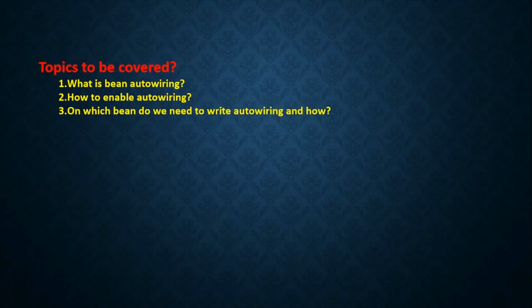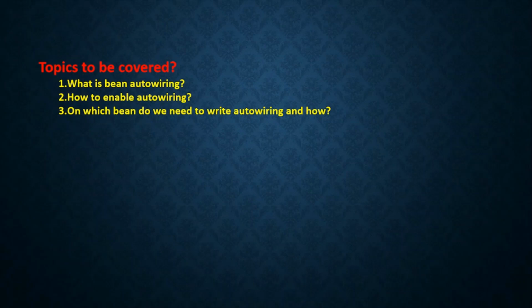But here we are going to enable auto-wiring. If we enable it, how can we achieve that, and which bean do we need to enable auto-wiring for? That we are going to see as part of today's video.